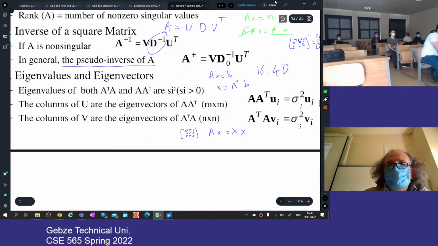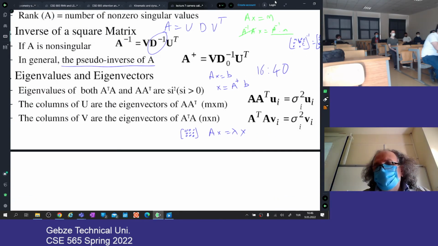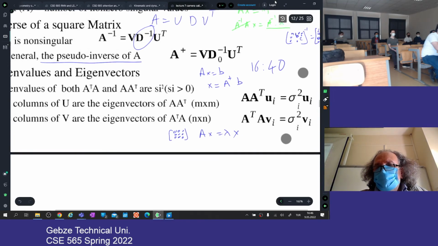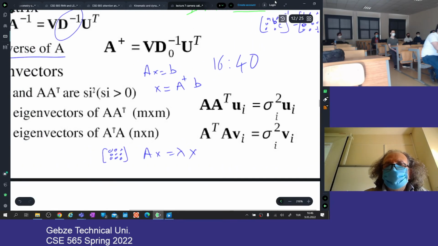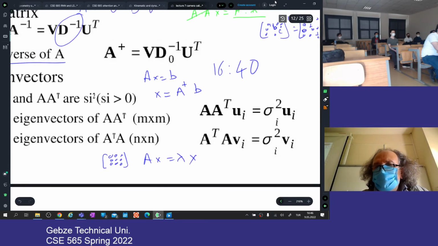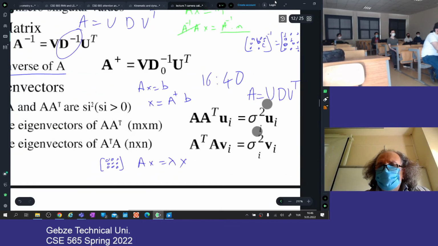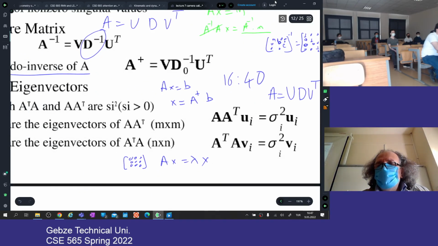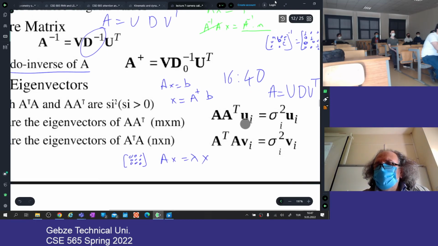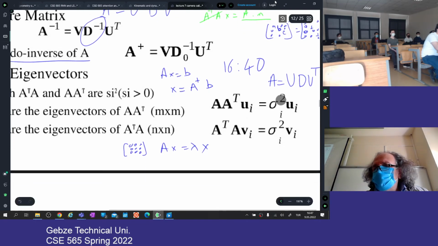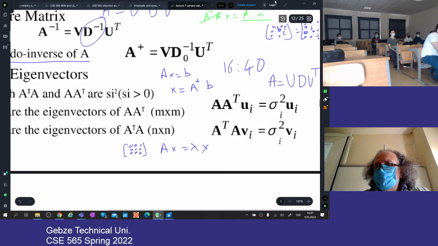And in singular value decomposition, you can use the eigenvalue analysis. Remember this, A is equal to U D V transpose. If you multiply A with A transpose, and multiply it with ui, you will get sigma i squared ui.